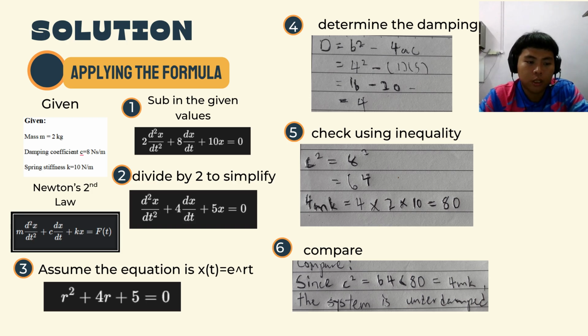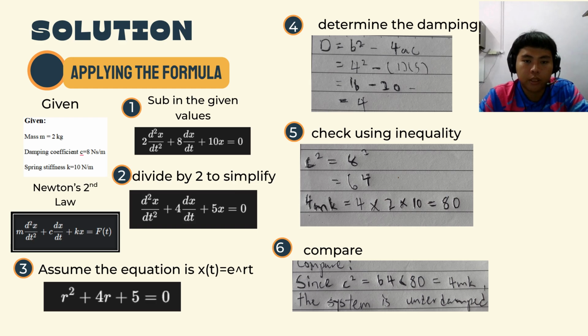So the next one is to determine the damping. It would be like this: D = b² − 4ac. So b² − 4ac equals 4² − 4 times 1 multiplied by 5, which is 16 − 20, and the result would be −4.